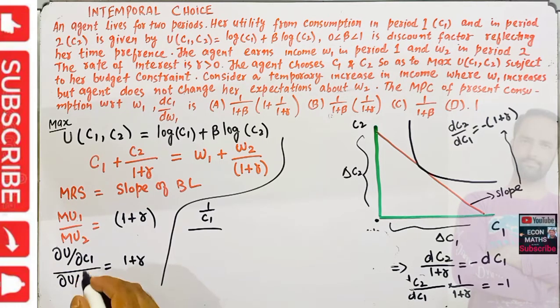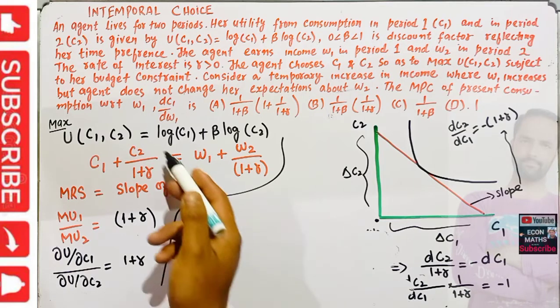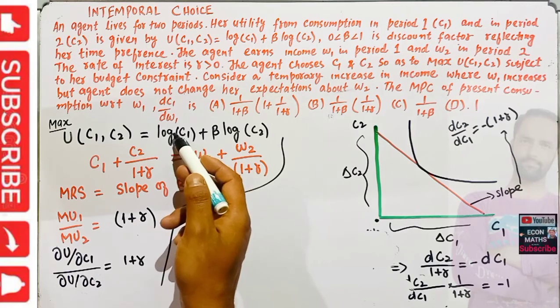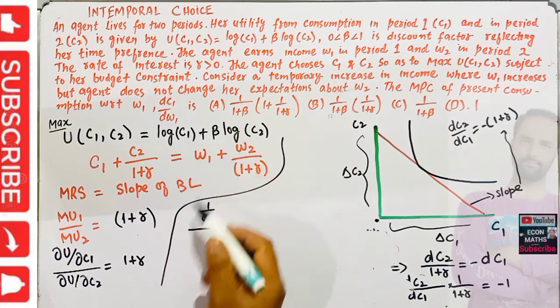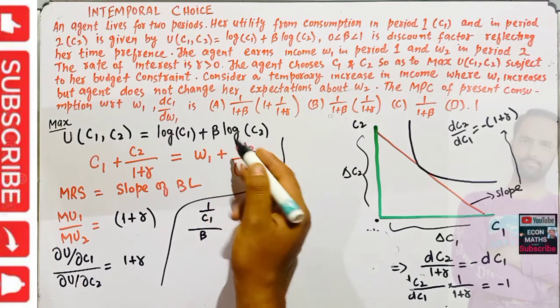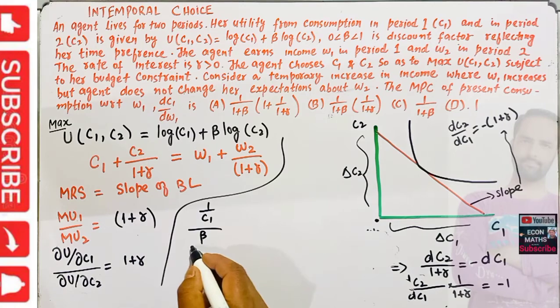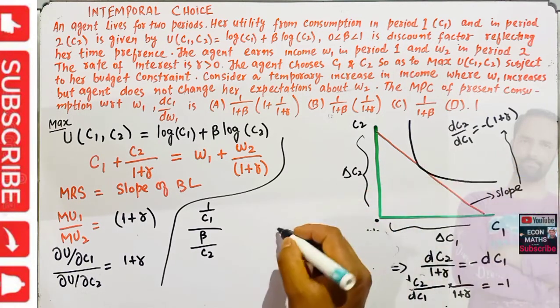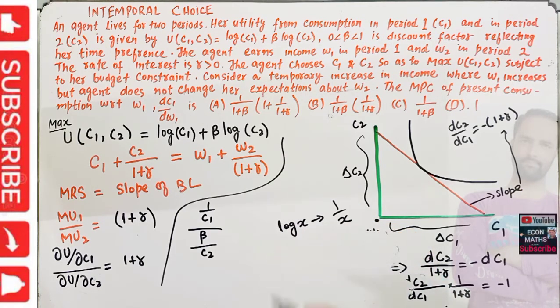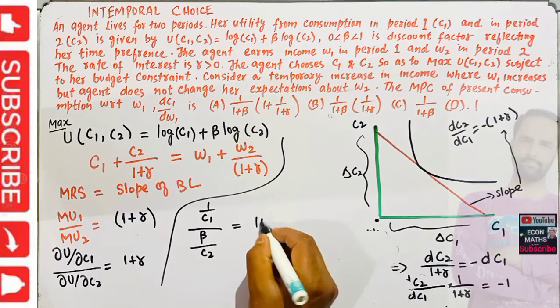Now taking the derivative with respect to C2, there is no C2 in the first term, so its derivative is 0. Now we have beta times log of C2, whose derivative is simply beta upon C2. If we have any function, let us say log of x, its derivative is 1 upon x, by the rules of differentiation, and it should be equal to 1 plus R.